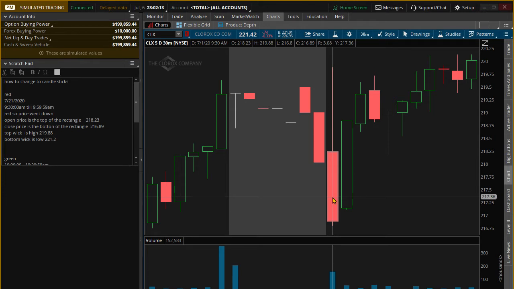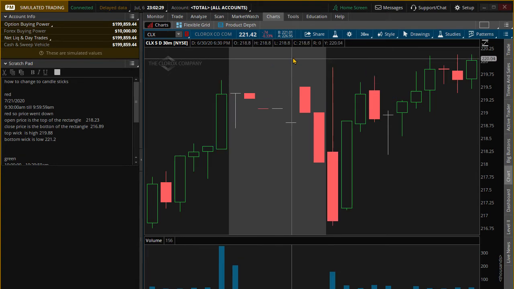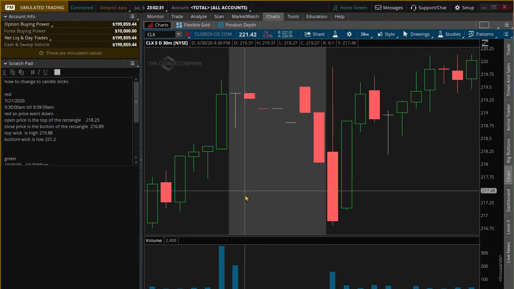And then the close price is at the bottom of the rectangle. Not the wick, but here at the bottom, the close price should be 216.89. You should look here for the C once I hover above it. It should say 216.89 for the close.